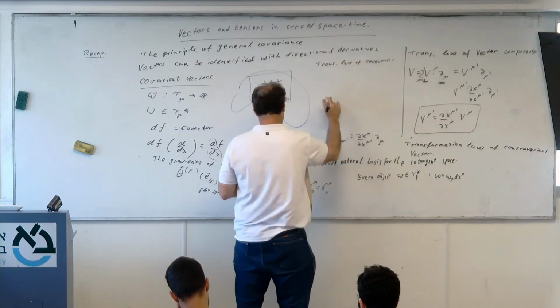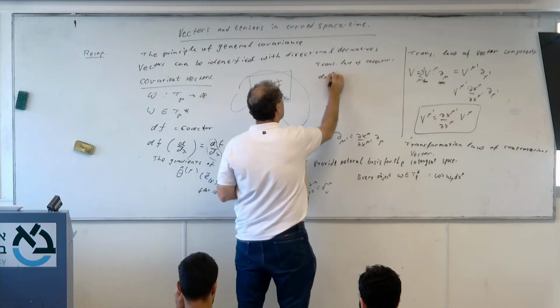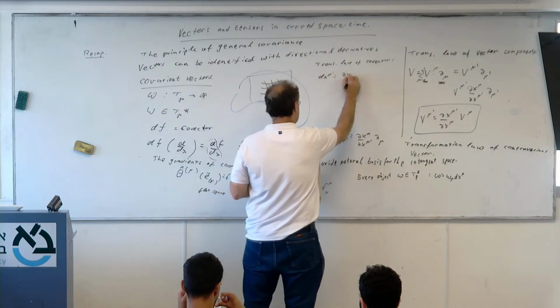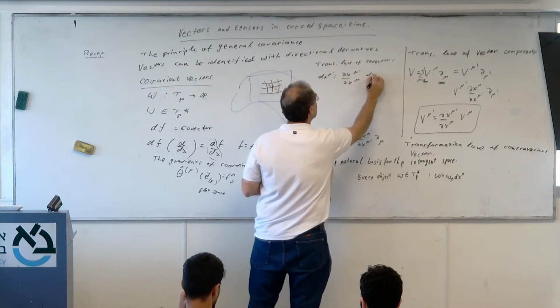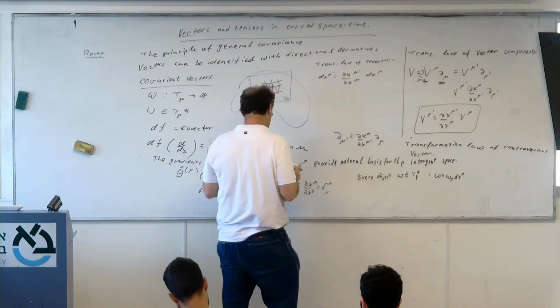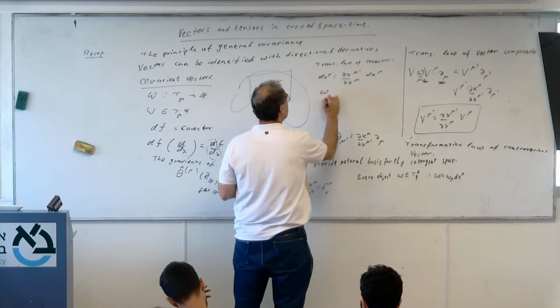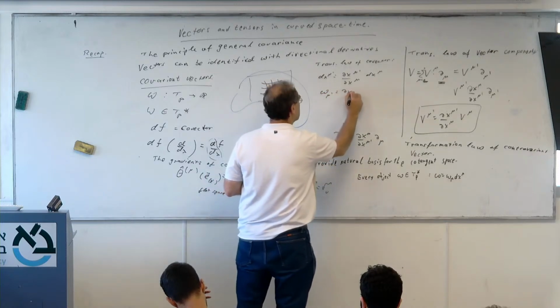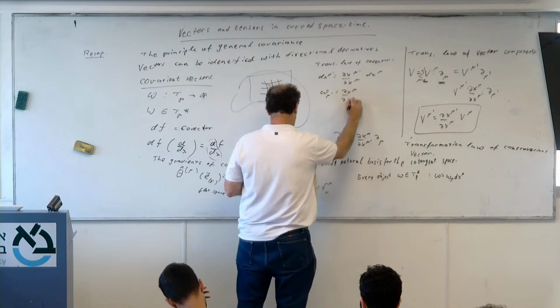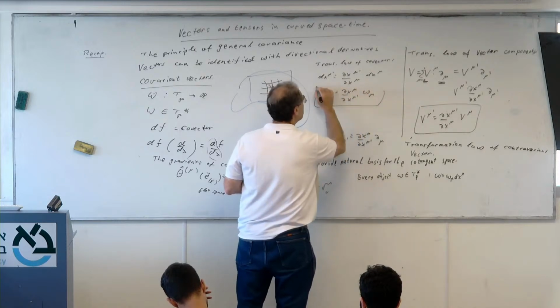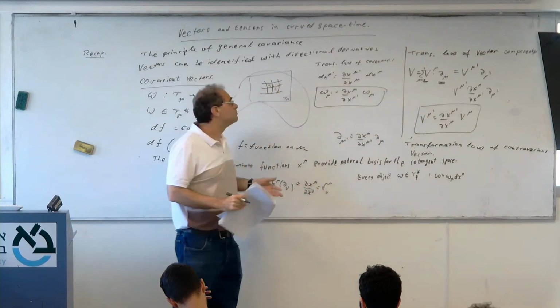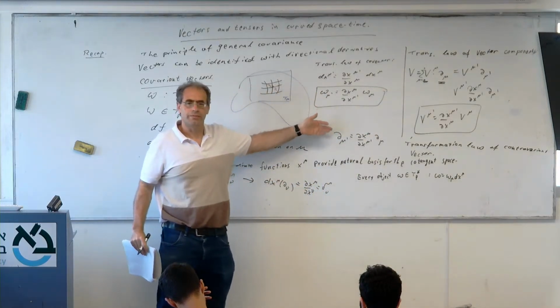Right? dx mu prime is given in terms of dx mu, and then for the components, omega mu prime will just be dx mu over dx mu prime omega mu. Which again makes perfect sense.